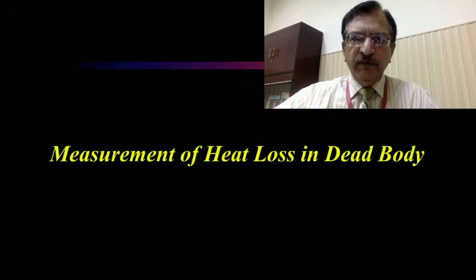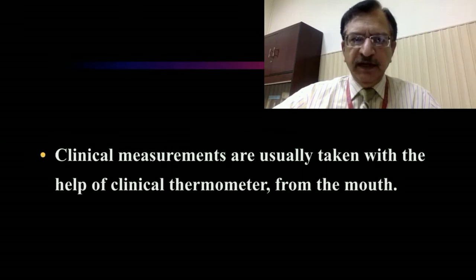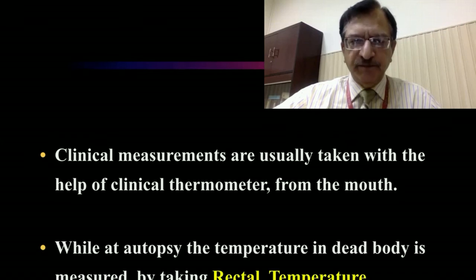Then how do we measure the temperature in a dead body? Measurements are usually taken with a clinical thermometer, which is put in the mouth or in the axilla or other regions for recording the temperature.